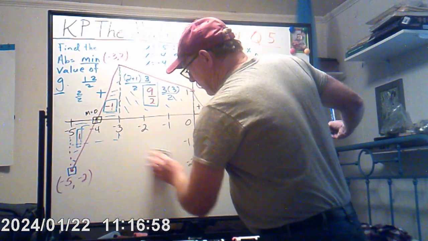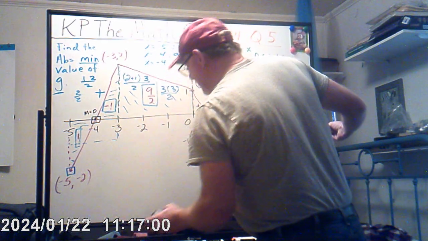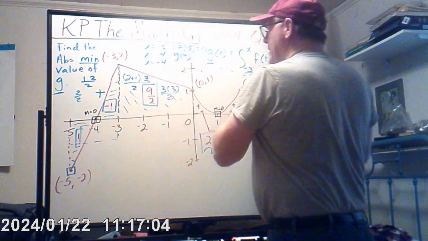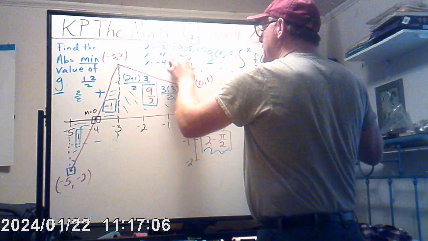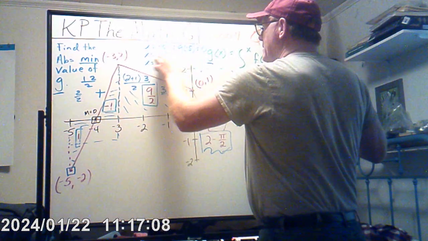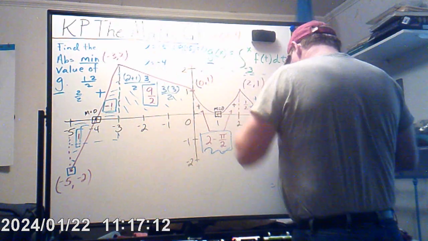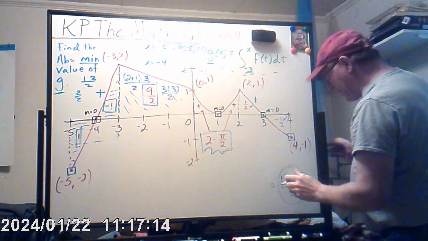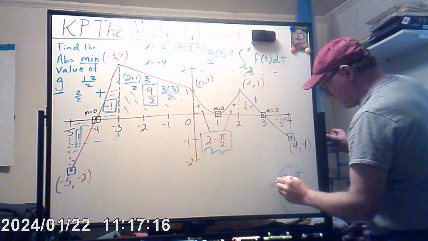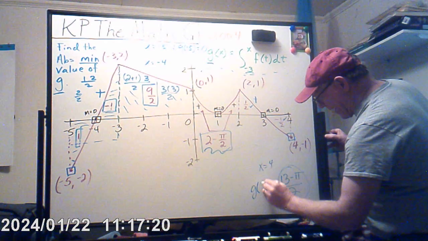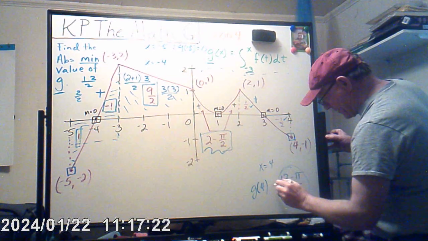Alright, so we're just going to have to say g at 4 somewhere else. Alright, x equals 4. We'll just leave it here in this corner. x equals 4, that means that g at 4 equals.